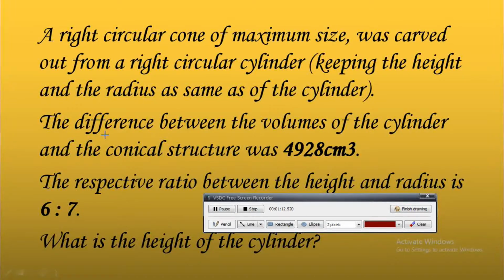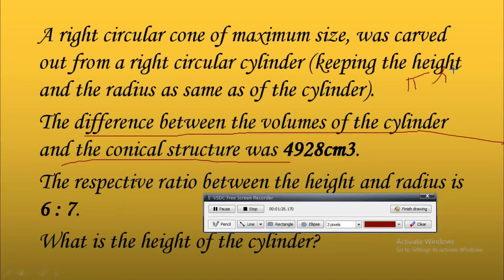From this statement, the difference between the volume of the cylinder and the conical structure, we can write pi r square h as the volume of the cylinder, minus 1/3 pi r square h, which is the volume of the cone.